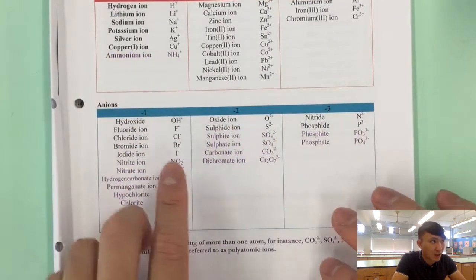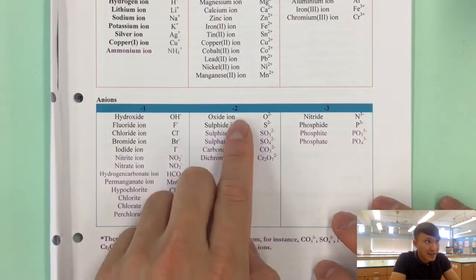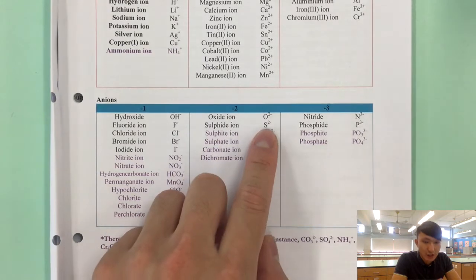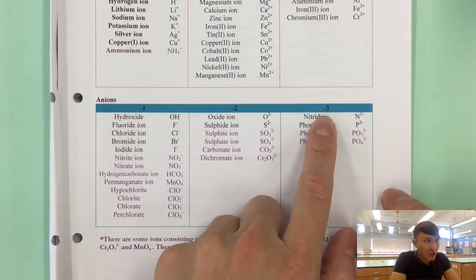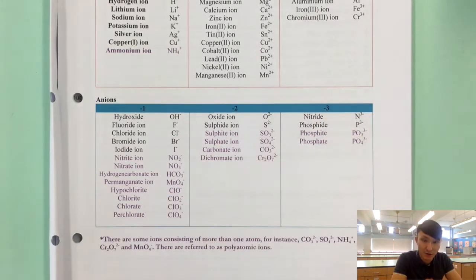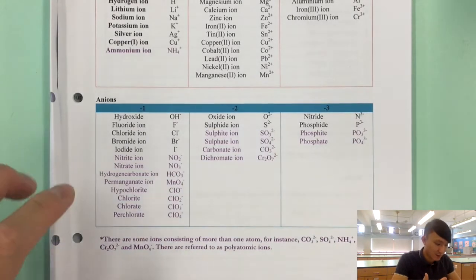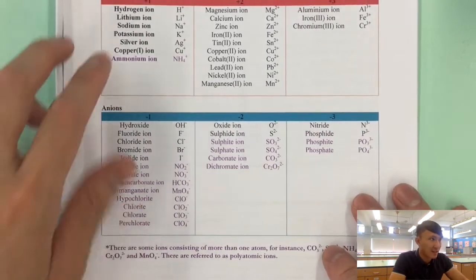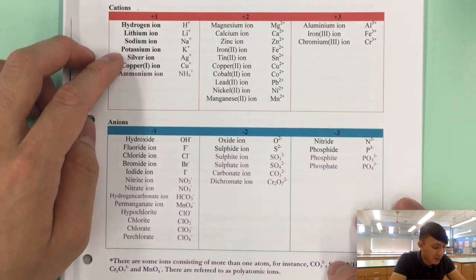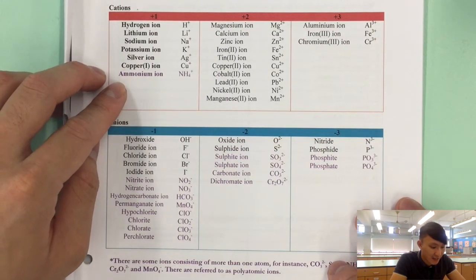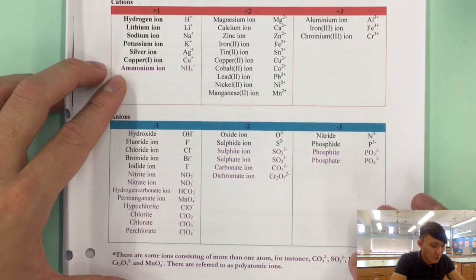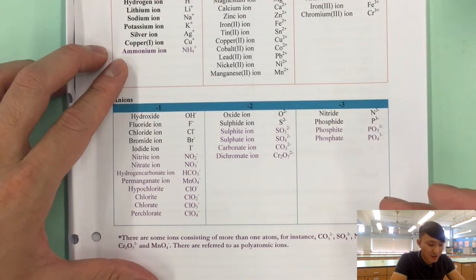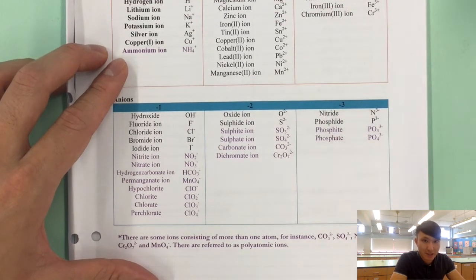Similar idea goes for anion as well. You see, negative 2 charge is written as 2 minus. Negative 3 charge is written as 3 minus, okay? So this is something I want to remind you. Now also, you notice that some ions are black in color, some ions are purple in color. So the one with purple color, you notice that they are made up of more than just one atom.